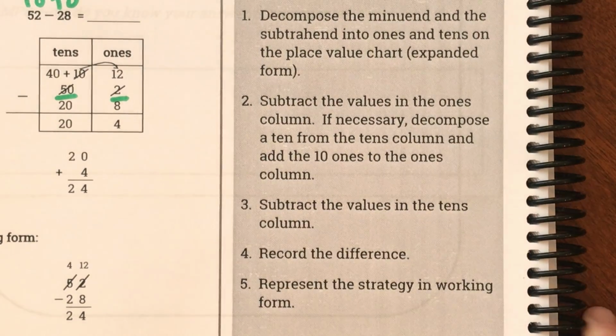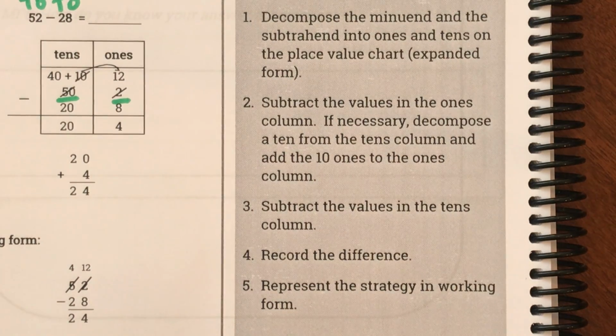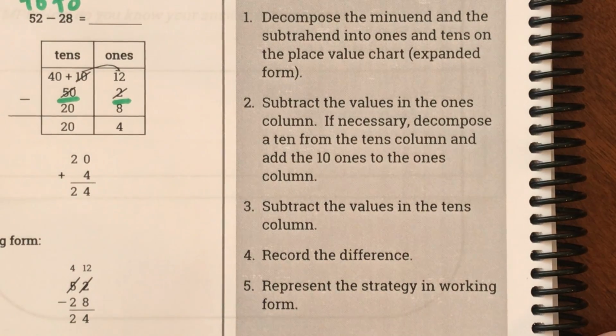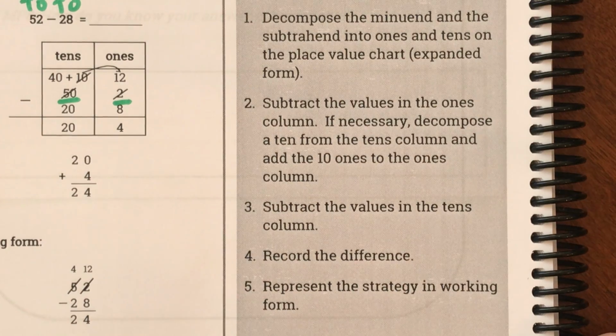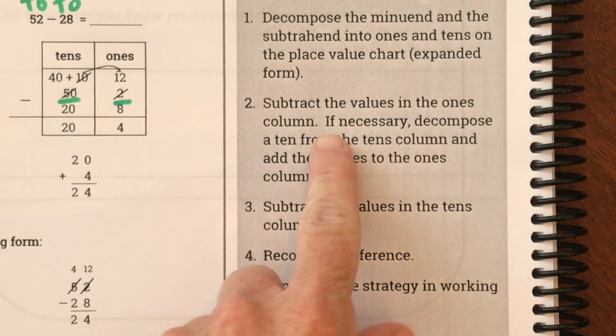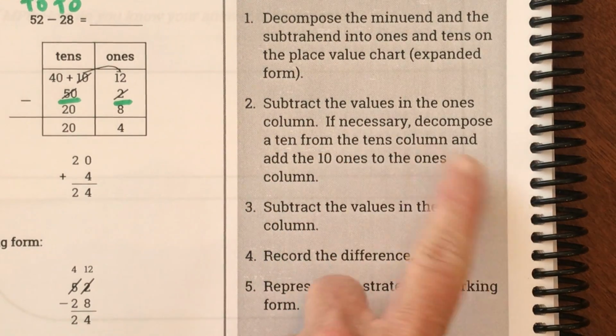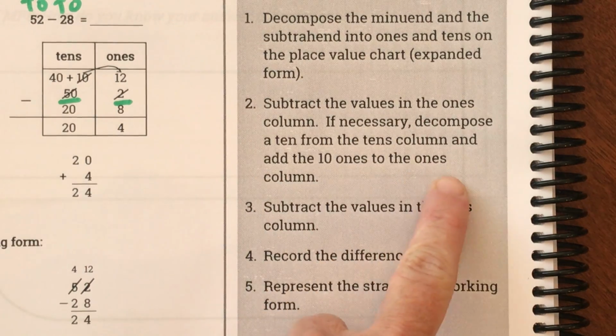Okay, let's look at our steps. It says we're going to decompose the minuend and the subtrahend into ones and tens on the place value chart, which is called expanded form. Then we're going to subtract the values in the ones column because we always start with the ones column. If necessary, we're going to decompose a 10 from the tens column and add the 10 ones to the ones column.